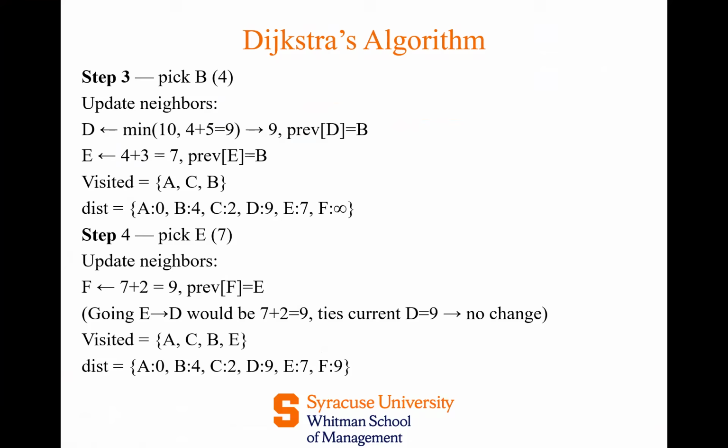So now E to D, we say that 7 plus 2, 9, which ties with current cost of D equals to 9. You remember D was 9 here.